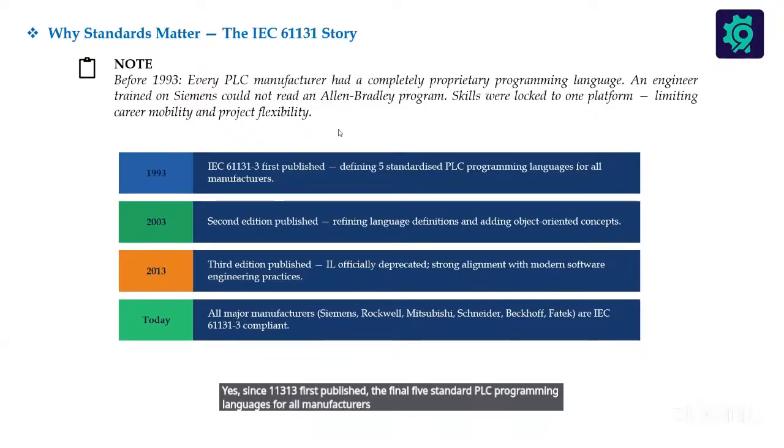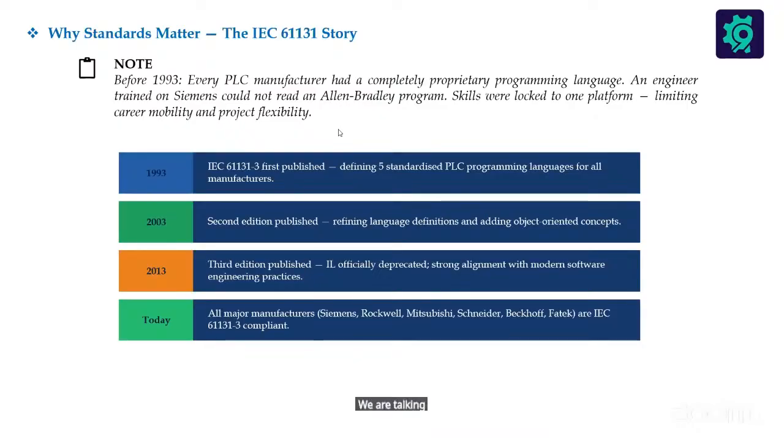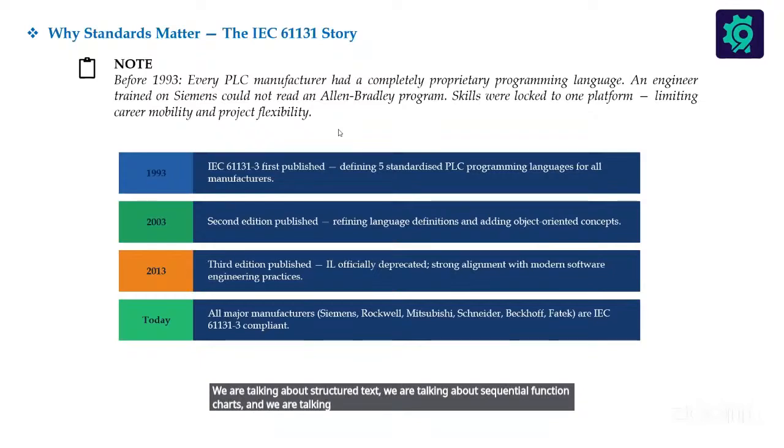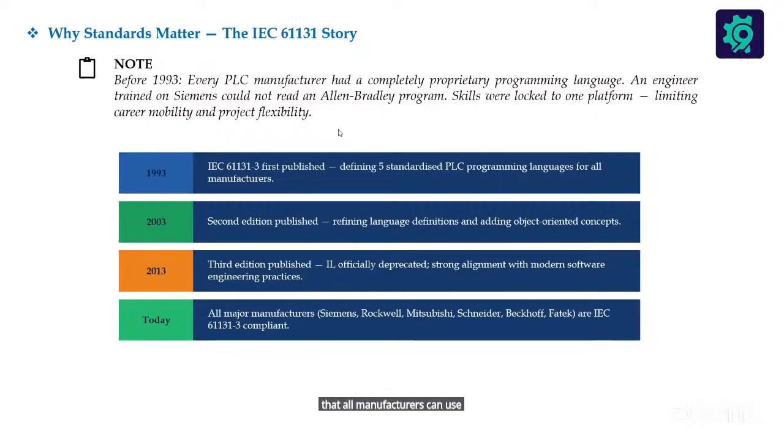We are talking about ladder logic, statement list, structured text, sequential function chart, and function block diagram. Those 5 programming languages were standardized as the ones all manufacturers can choose from.